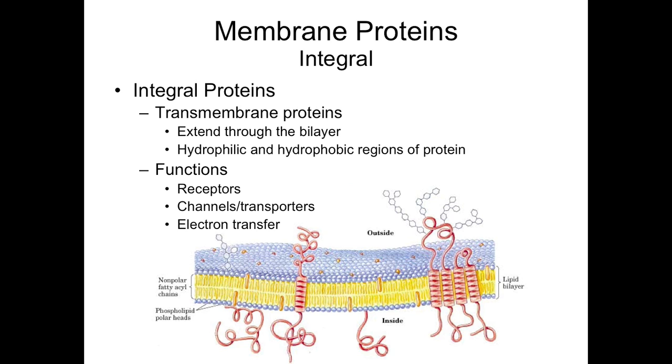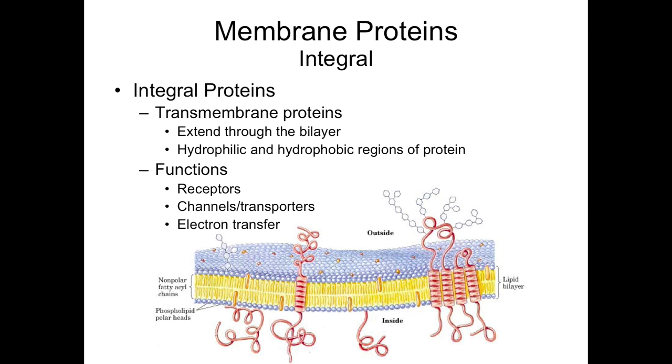You can also classify membrane proteins, and there are different ways to do so. Of course, you can classify them according to function, and we'll talk about different types of proteins functionally, like transporters or receptors. But you can also classify membrane proteins based on their position within the membrane. Integral membrane proteins are not easy to separate from the membrane. So you must do something to destroy the membrane in order to detach an integral protein from the membrane.